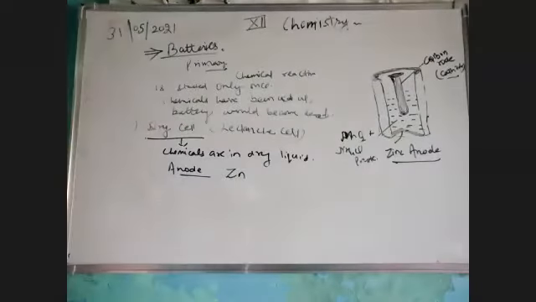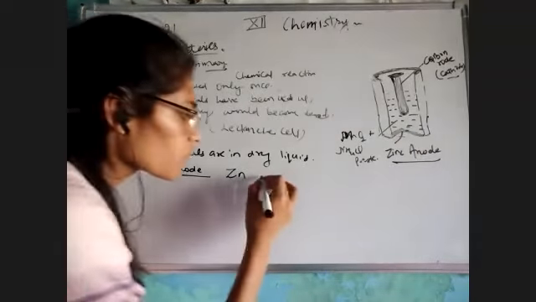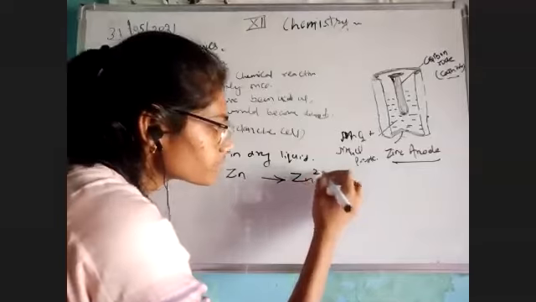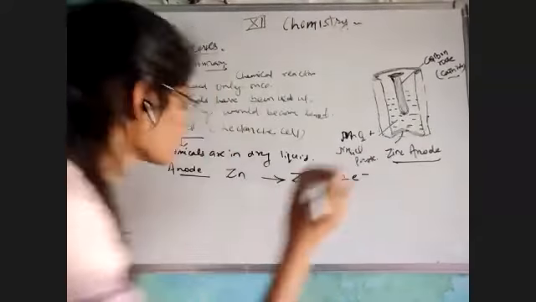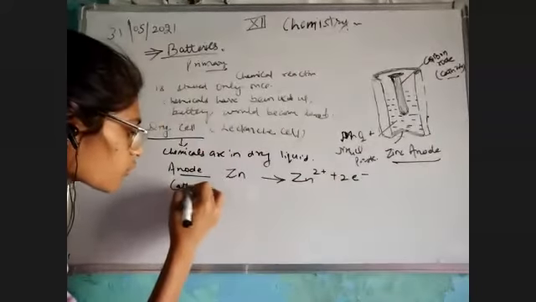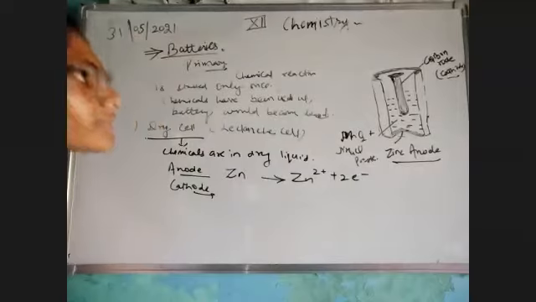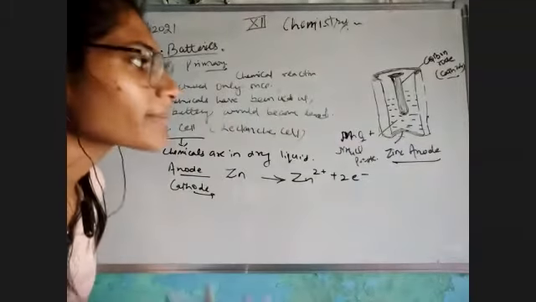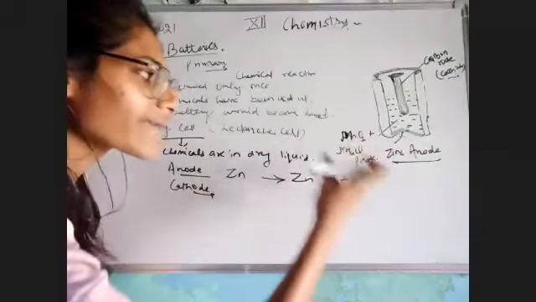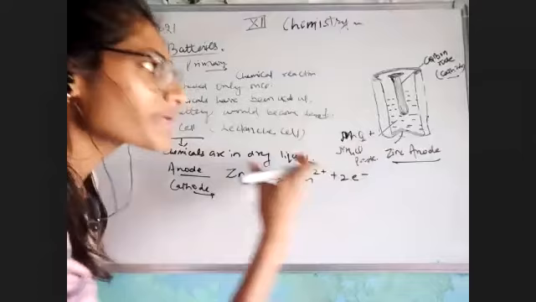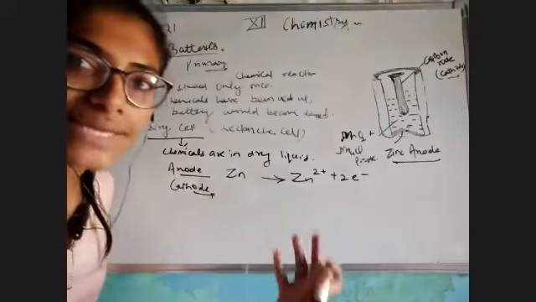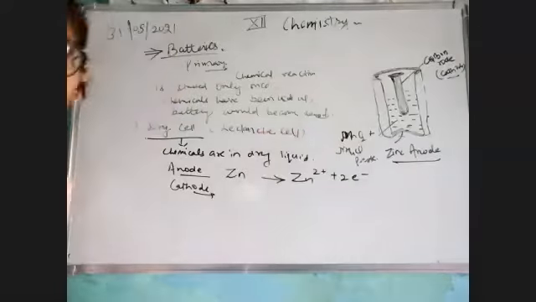So as an anode, the zinc would be oxidized, whereas at the cathode, the carbon rod is there, but manganese oxide and ammonium act as the cathode, because the reaction takes place only due to that.